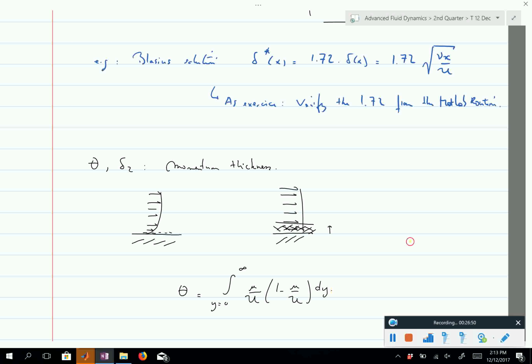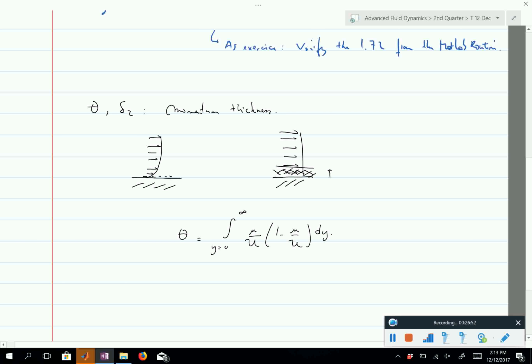If you don't remember how to show this, just go back to the homework. So here theta characterizes the thickness that you would need to raise the wall in order to have the same momentum flux. So it characterizes the momentum deficit.